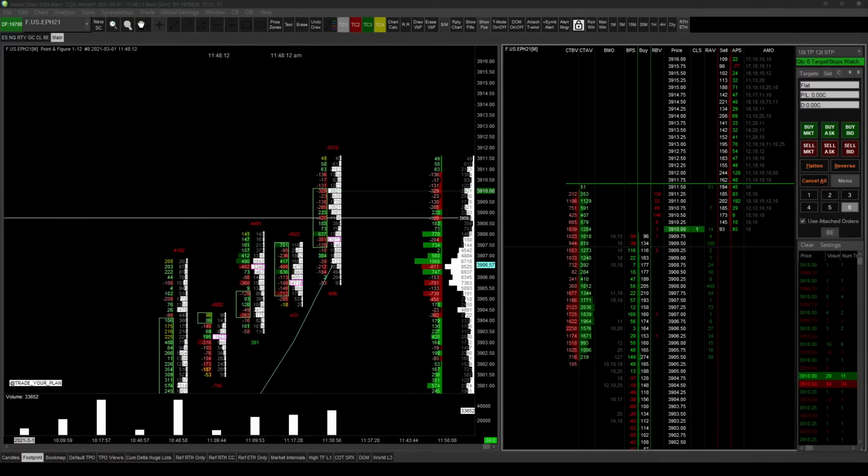But my data, which is all the tick data and the order depth and all of the exchange data, recording all of that, I buy through Sierra Chart Denali.